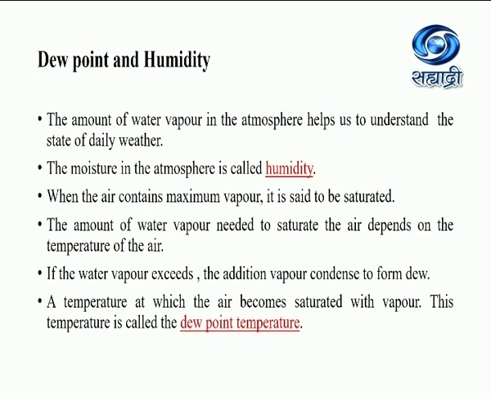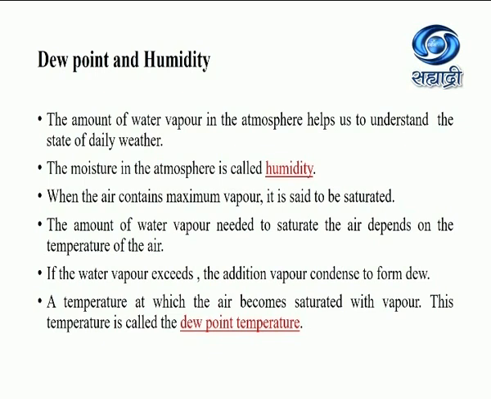If the amount of water vapor exceeds the limit, the excess water vapor converts into water droplets. This happens when air is saturated. When air contains the maximum water vapor, it is said to be saturated.